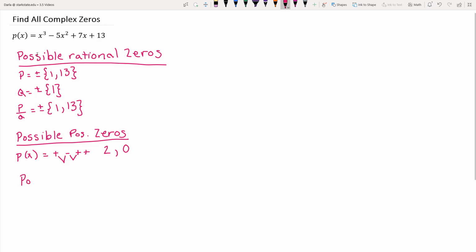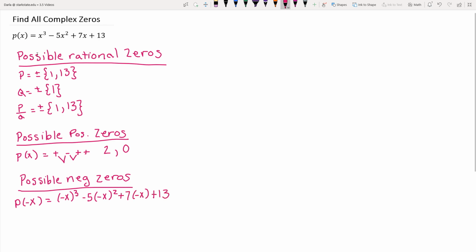If we want to consider the possible number of negative zeros, we're going to look at p of negative x. So we'll take our function p and evaluate it at negative x. And when we do that, it'll be negative x cubed minus 5 times negative x squared plus 7 times negative x plus 13.